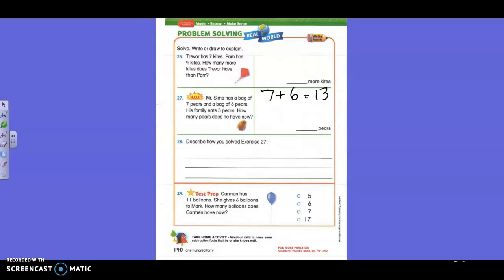Don't write that down. I said this is a 2-step problem, not a 1-step problem. So he starts out with 13 pears. His family eats 5. So you have to take away 5 pears from 13. Okay? 13, take away 5.